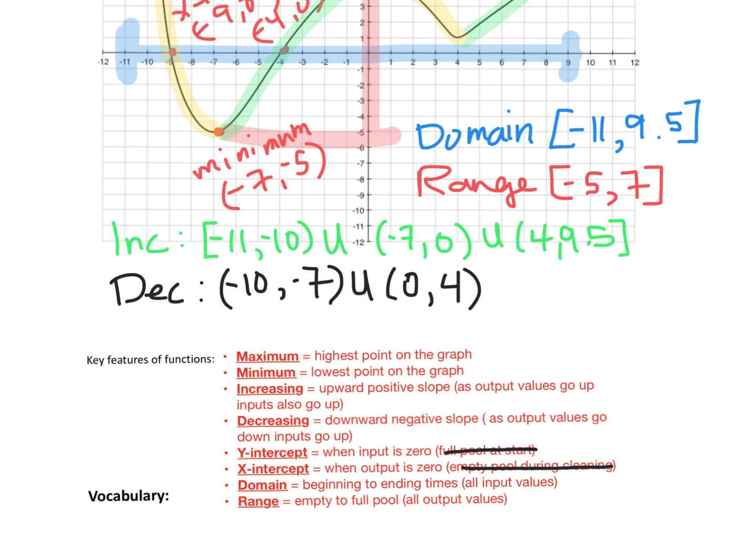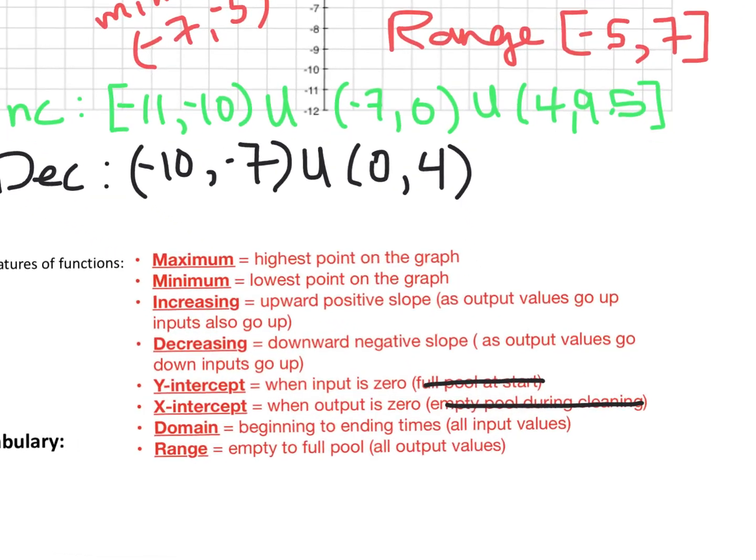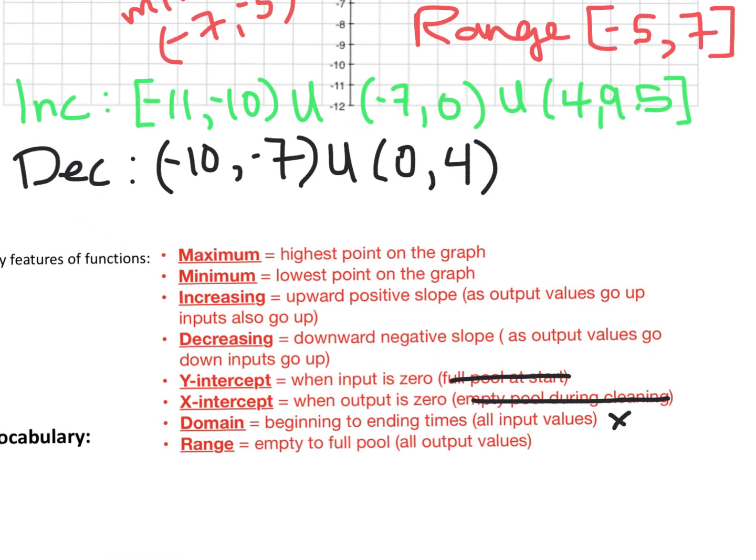Okay, and then your domain is beginning to ending times. It's all the input values. These are the x values. I'm going to zoom in a little bit there. X values. And your range is empty to full. And those are the output values, the y values.